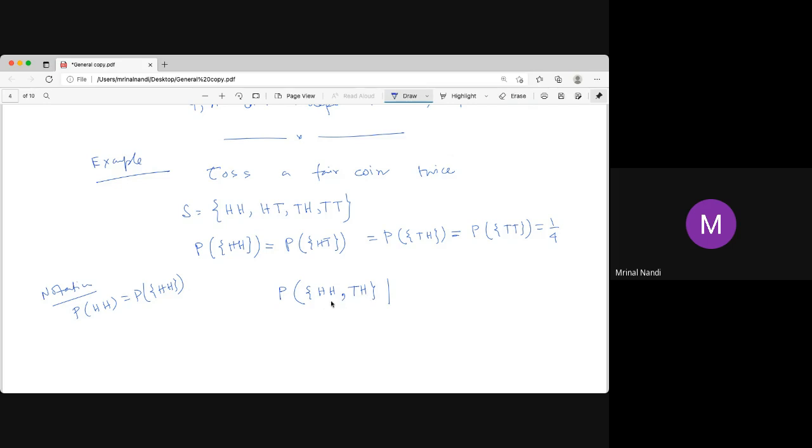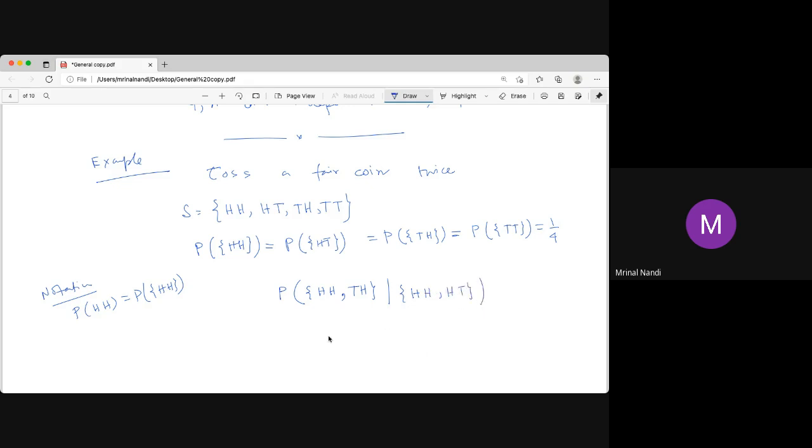The first toss is anything, maybe head, maybe tail, but the second toss is head. If I say the second toss is head, that means it is the set containing HH and TH. Now, given that the first toss is head, the event is HH and HT.